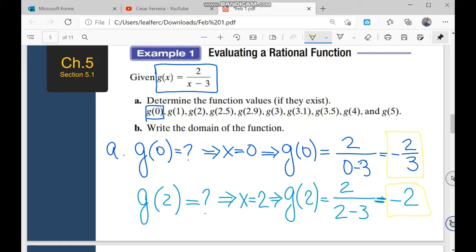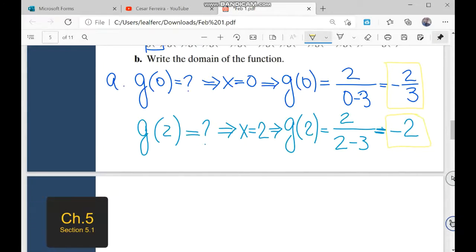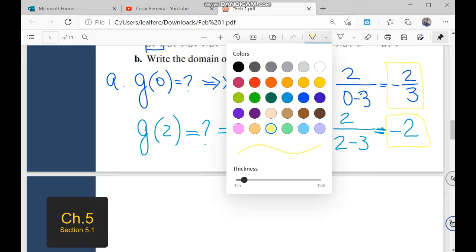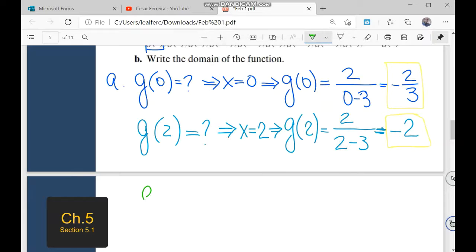Now check an interesting one, very interesting one. g of 3. What's going to be g of 3? Well, plug in, make x equals 3.